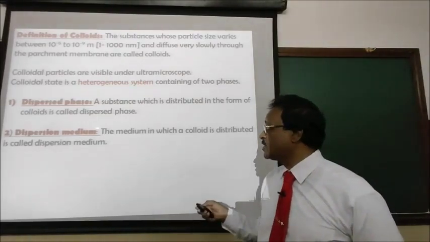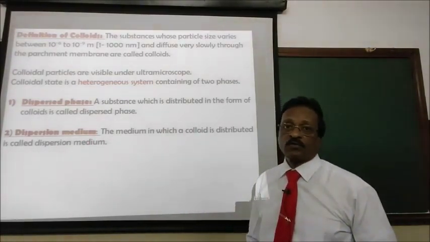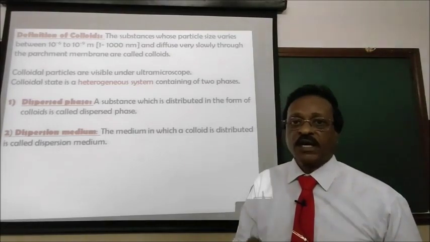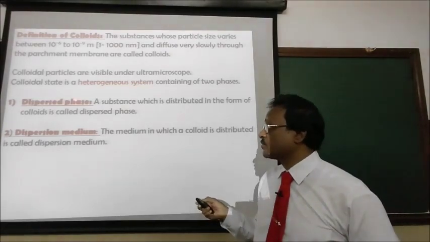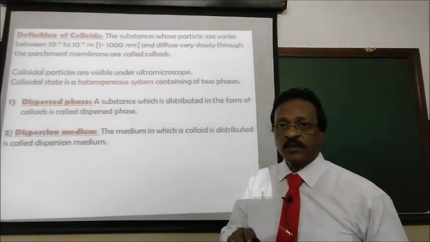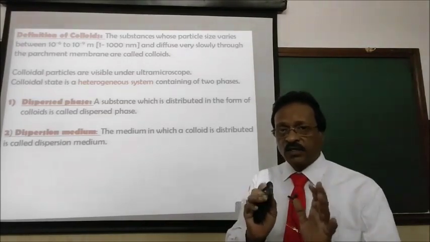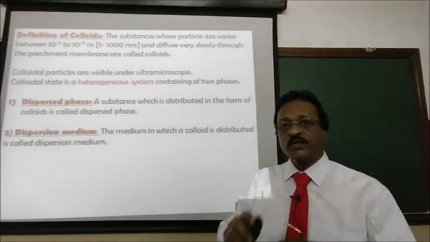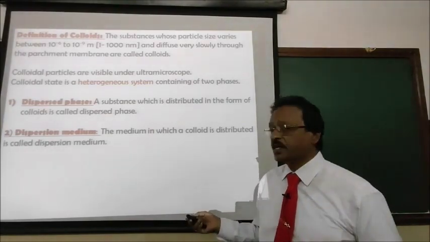The medium in which these particles are distributed is called the dispersion medium. Therefore, remember, a colloid is a heterogeneous system consisting of two different phases: the dispersed phase and the dispersion medium.